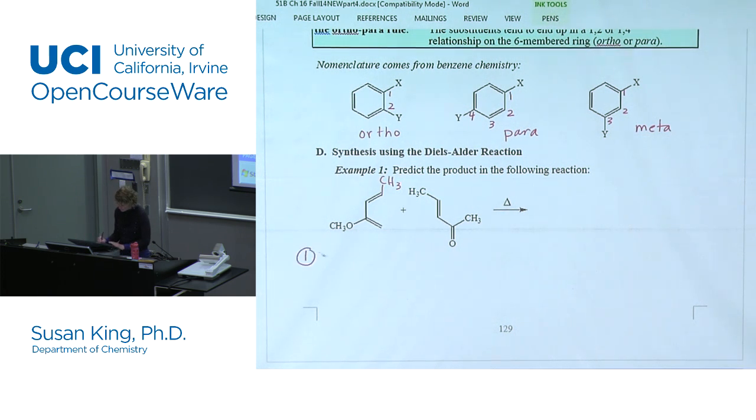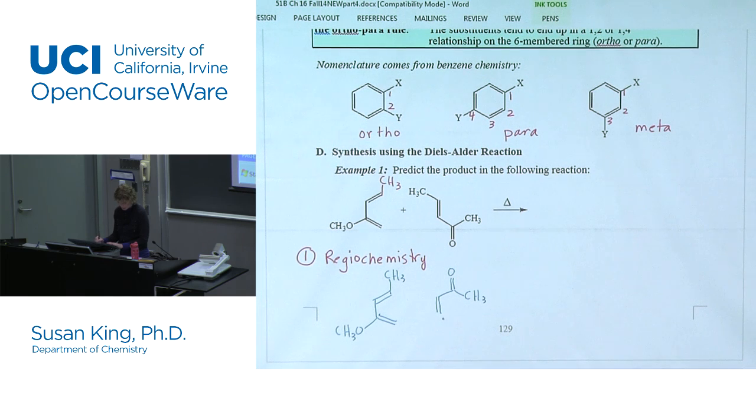So regiochemistry here. They can orient this way, or let me draw the other way we can orient these two groups. I'm going to keep this here. I'm keeping the diene in the same orientation, and now I'm just going to flip the dienophile up.